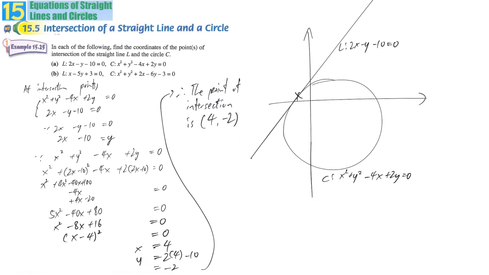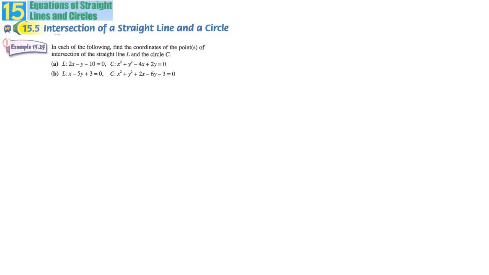I'm now going to demonstrate part B within a very short time. Again, part B at the intercept point, we have x squared plus y squared plus 2x minus 6y minus 3 equals 0. Fulfill this requirement.